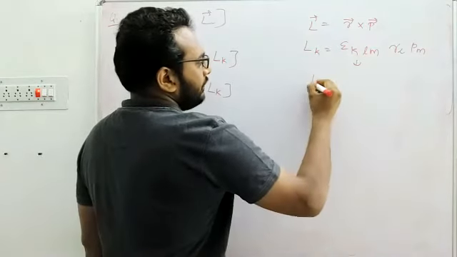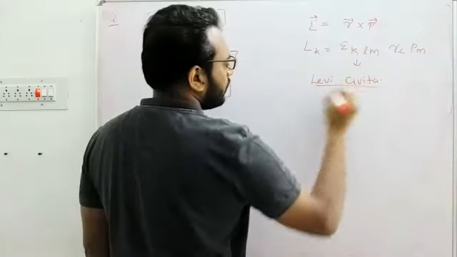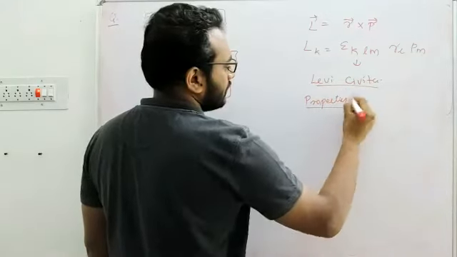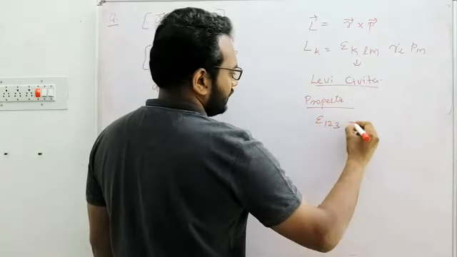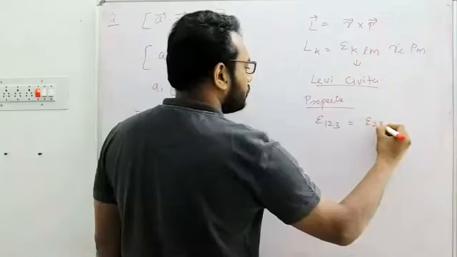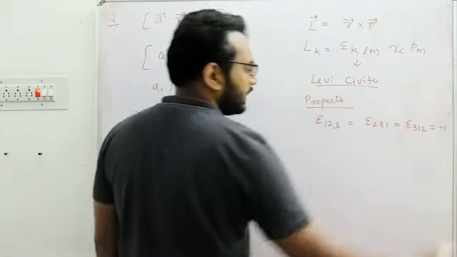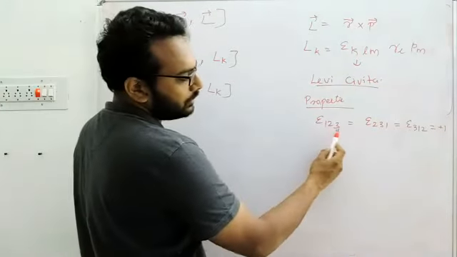This is known as the Levi-Civita. So the defining property is this: epsilon 1, 2, 3 equal to epsilon 2, 3, 1 equal to epsilon 3, 1, 2. This is equal to +1. These are cyclic permutations of 1, 2, 3.